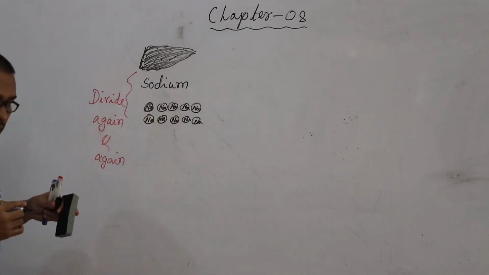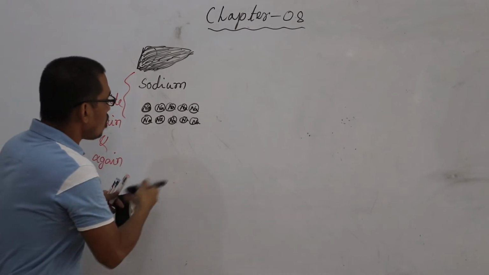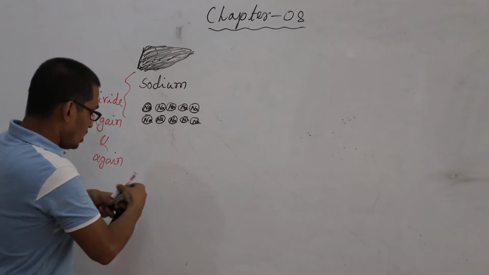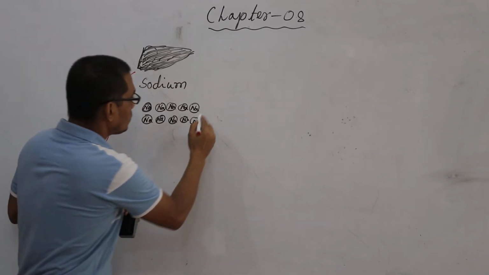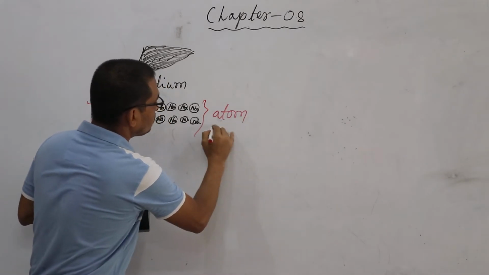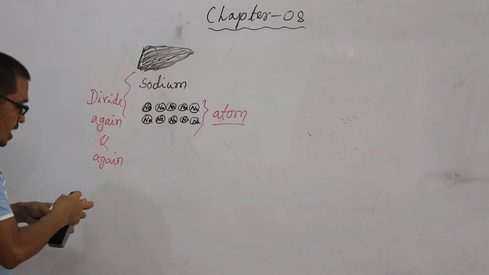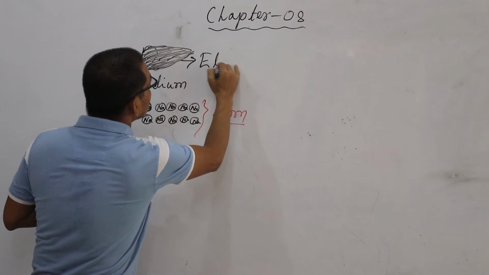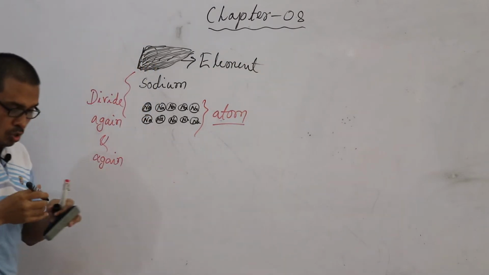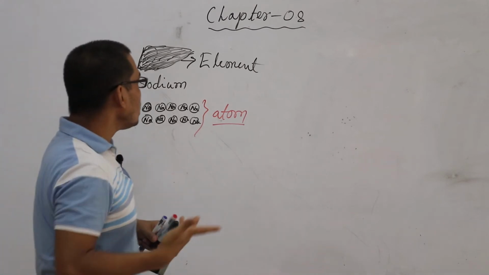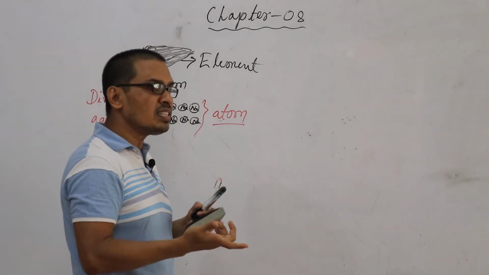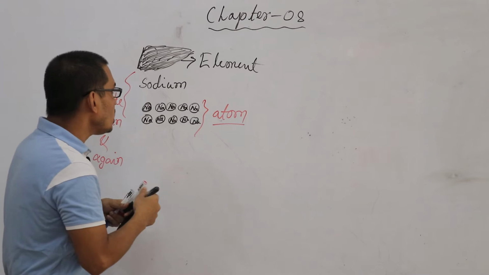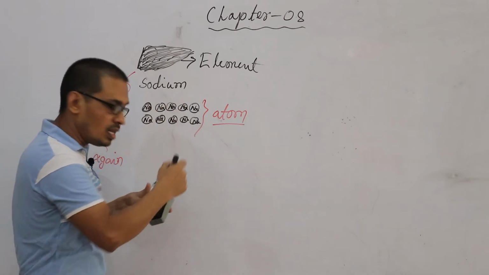Same type of smallest particle. This smallest particle is basically known as atom, and this substance, this matter will be considered as element. So we can say that if we divide a substance and get one type of atom, then we can consider that substance as element. Clear?